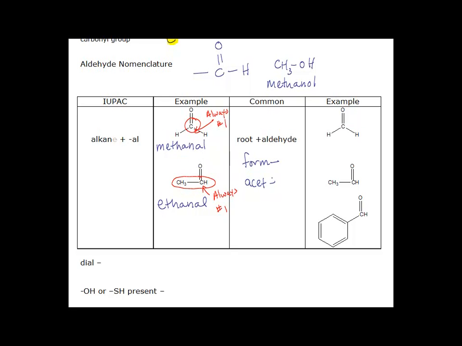They are used for common nomenclature. So form is the root for 1 carbon. Acet is 2 carbons. So with common nomenclature for aldehydes, we're kind of restricted. We can name a 1 carbon, a 2 carbon, and then a benzene-based aldehyde, and that's it.